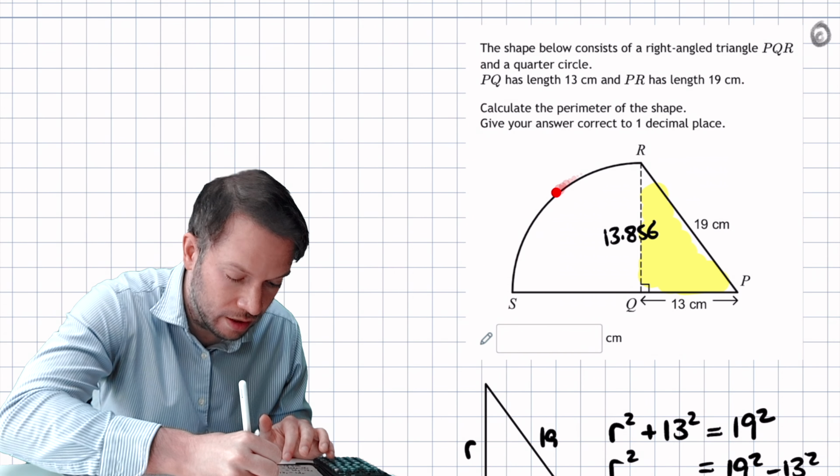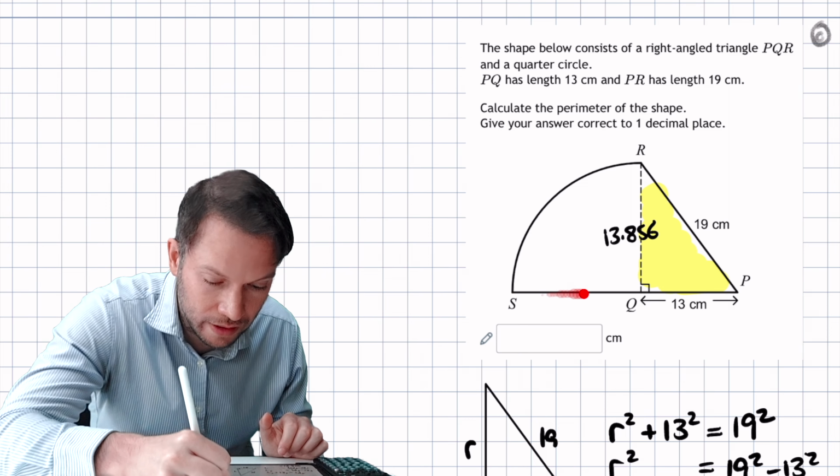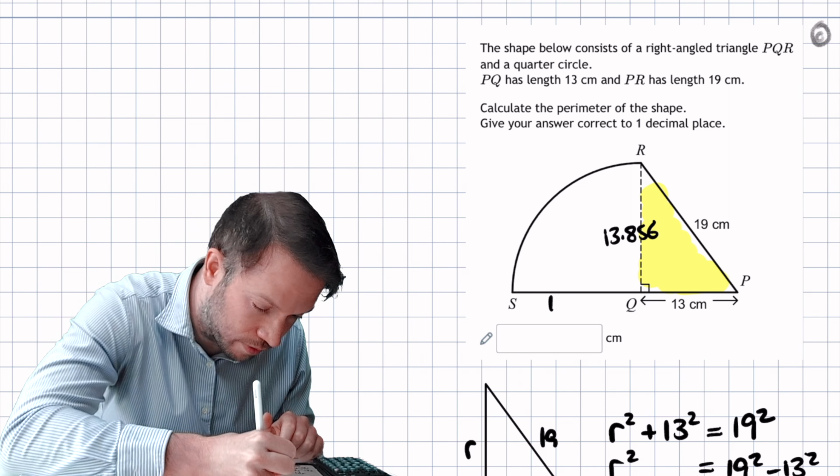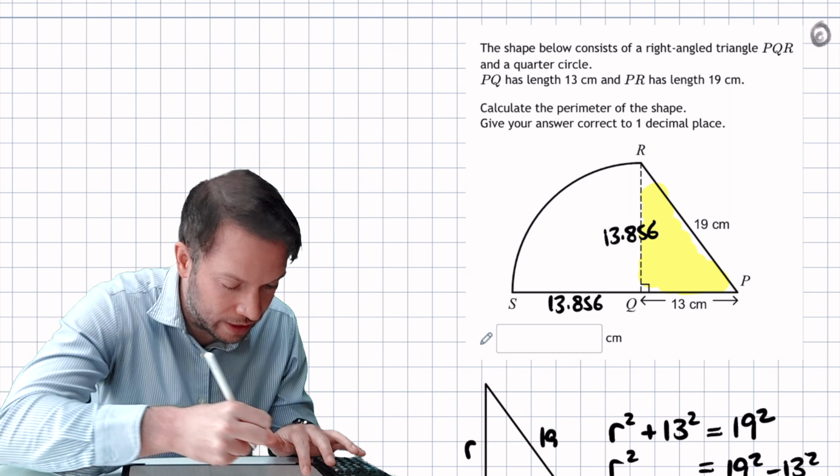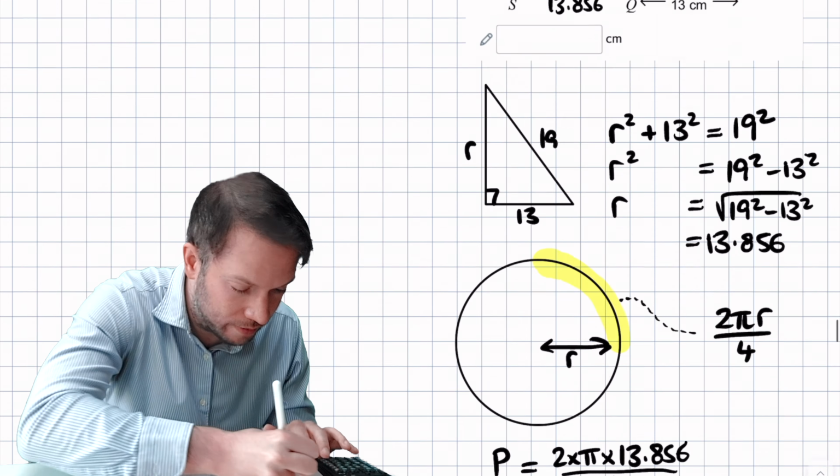So we can add this length here, which is 13.856. So let's add that, plus 13.856. We're also going to add this length here, the 13, and the 19 as well. And that will be adding all the lengths of this shape. So let's just do all of that on our calculator.